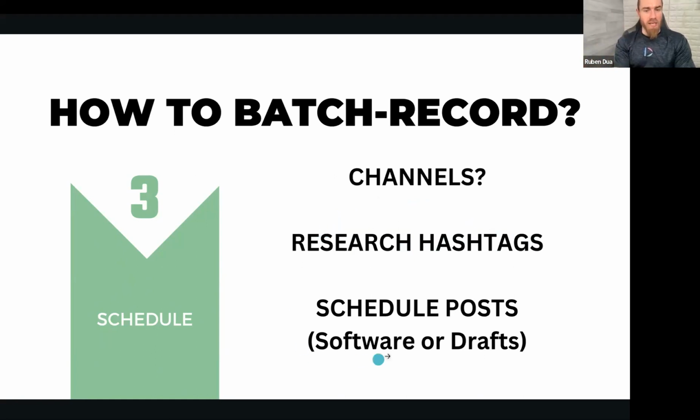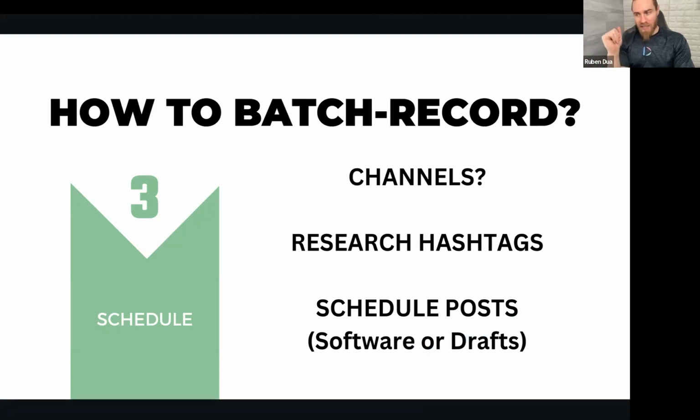Now, actually scheduling the posts, guys. There are software tools available. I think Hootsuite is one, and there are lots of competitors to that, where you can actually schedule posts to social media. So there is software that does that, or you can do it yourself manually with the drafts feature.